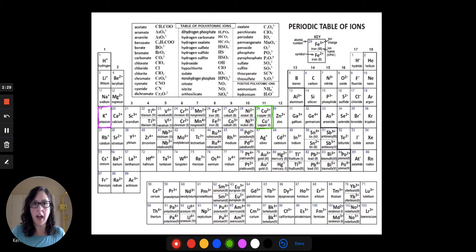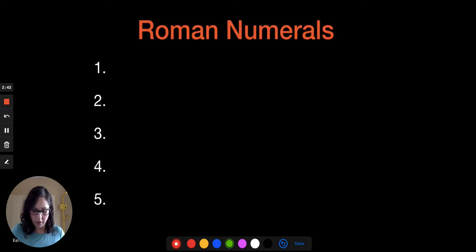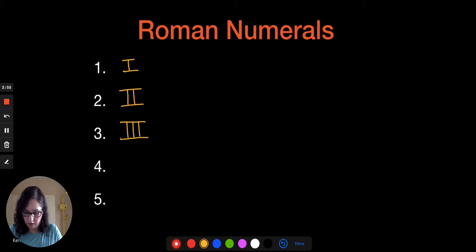Our polyatomic ions all have their own names, and we're also going to take a look at the fact that all of those negatively charged ions end in ide, I-D-E. Let's make sure we solidify those Roman numerals. For 1, it's going to be a capital I. For 2, then 3. 4 is an I and a V, capitals again.